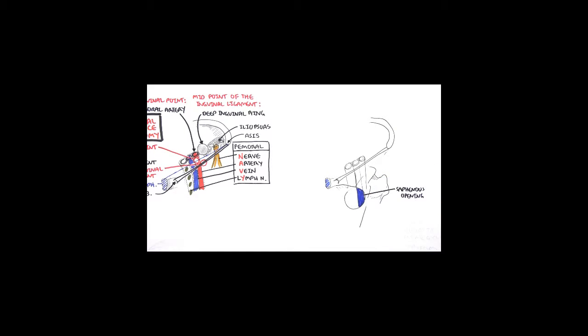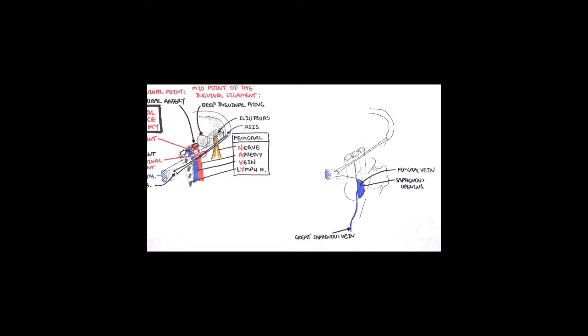And as you expect, this is where the great saphenous vein goes through. Now the great saphenous vein drains into the femoral vein, which, if you remember, is medial to the femoral artery. The great saphenous vein actually originates from the medial malleolus and just comes right up and drains into the femoral vein here.